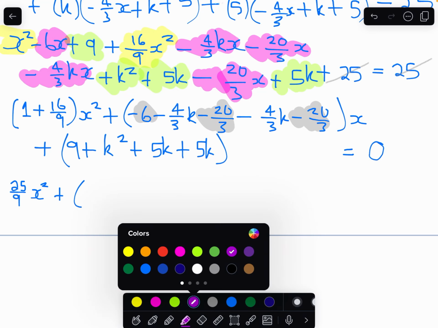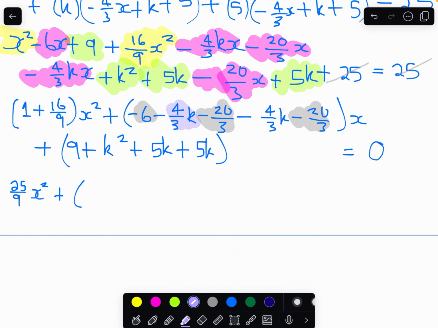This will do. And these are like terms. Right. So the k's give me minus 8 over 3k, and the constants give me minus 58 over 3, I think. Yeah, that feels right.